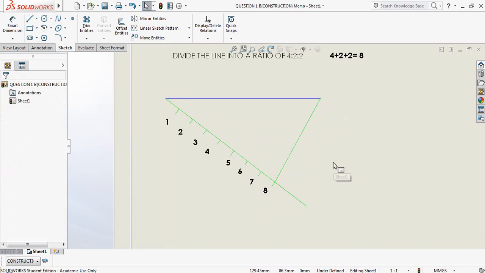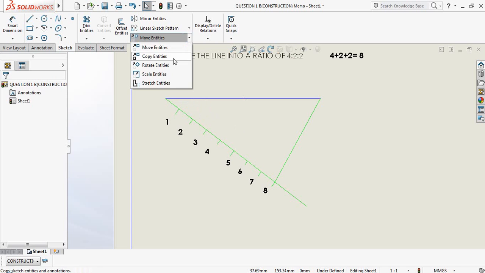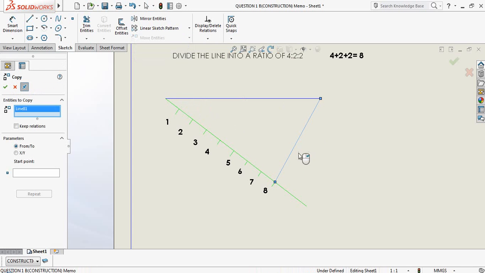Then I'm going to use a sliding set square technique, drawing parallel lines all the way to number 1, and I will then be dividing this given line into 8 equal parts. I'm going to copy this line to each one of my points.